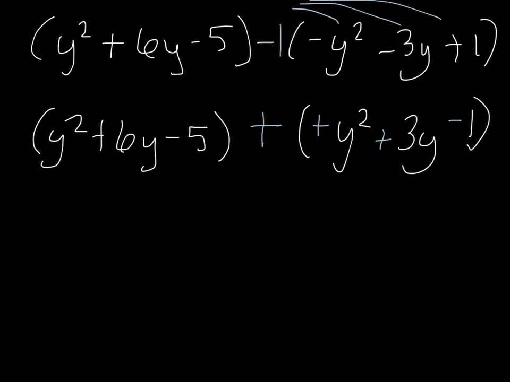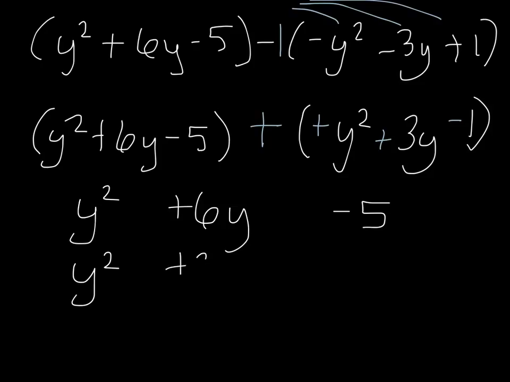And now I've simply got a combining like terms problem in the same way that I did before. I can either use the vertical method where I'm aligning each of the terms, or underline and switch the order, or use the commutative property so I can line up all the like terms. I'm going to choose vertical for this one. So I'm going to take this first polynomial, line it up, take the next polynomial, which looks like this, line it up, and just add them all together now.